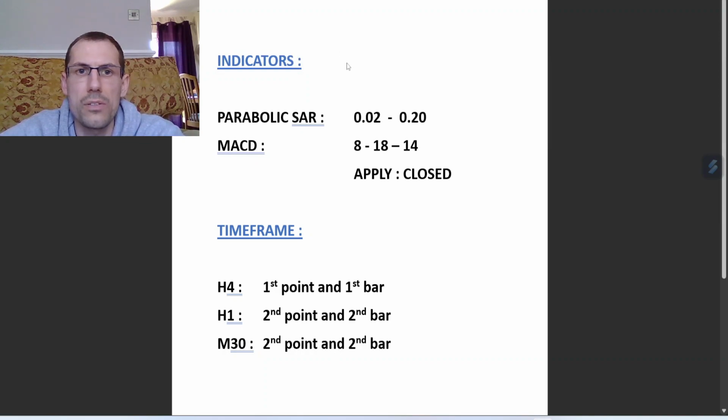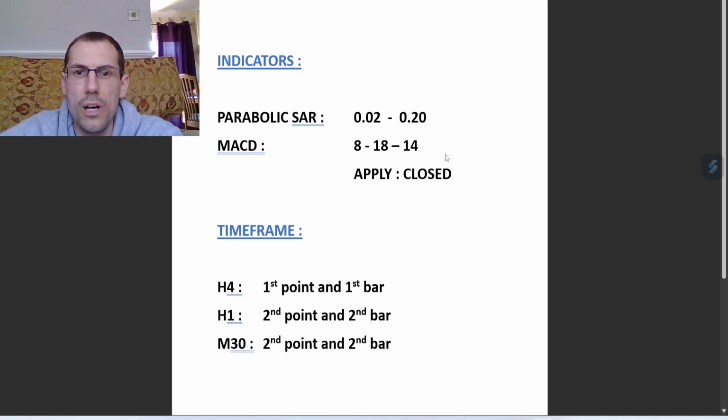You need two indicators. You need a parabolic SAR and you need the MACD. And on a 4 hours time frame, you need the first parabolic SAR point and you need the first MACD bar together. And on the 1 hour chart and the 30 minutes chart, you need the second point and the second bar.